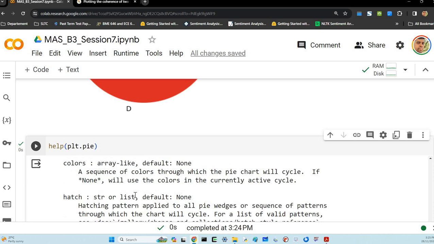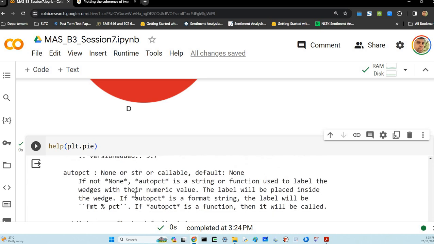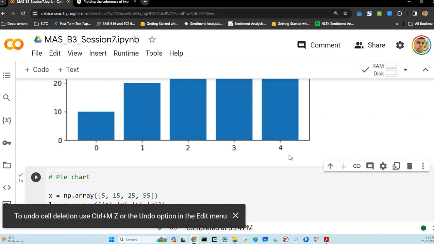You can check how to put them in. For example, this is the place where we use the formatting string, which determines how the percentage value will be represented in the pie chart. Okay, done, finished.